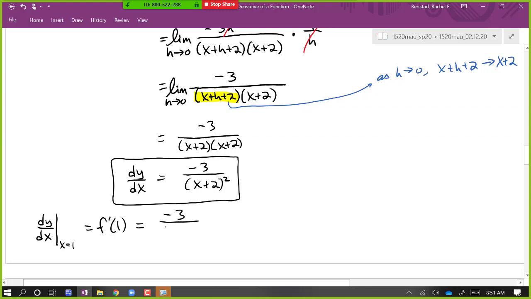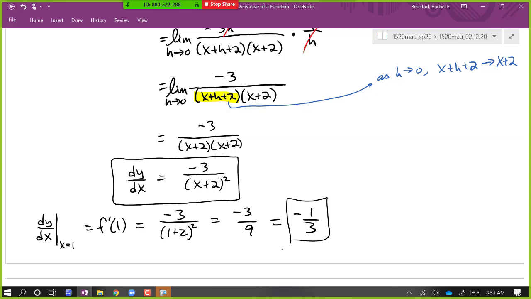So we have negative 3 over 9, or negative 1/3. The derivative at 1 is negative 1/3, so if I wanted to, I could use that and interpret the behavior of the function at that value.